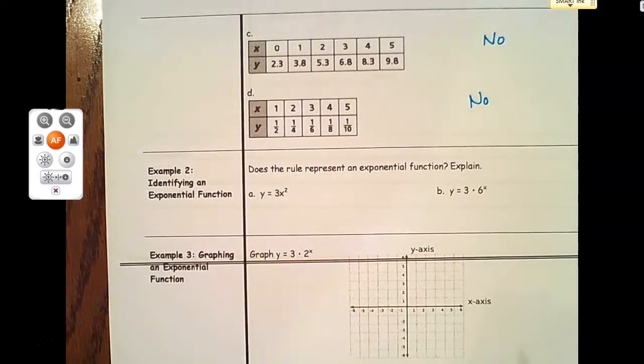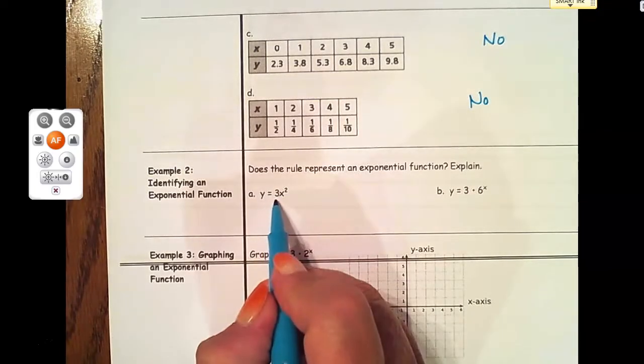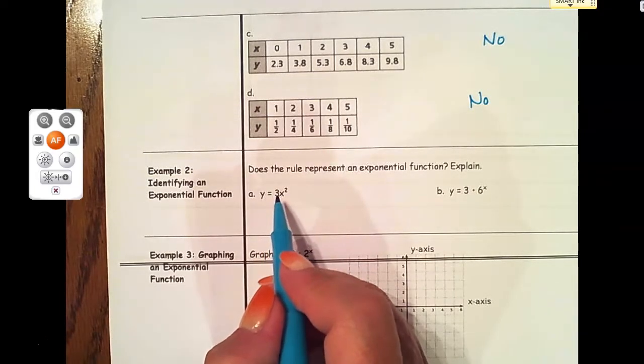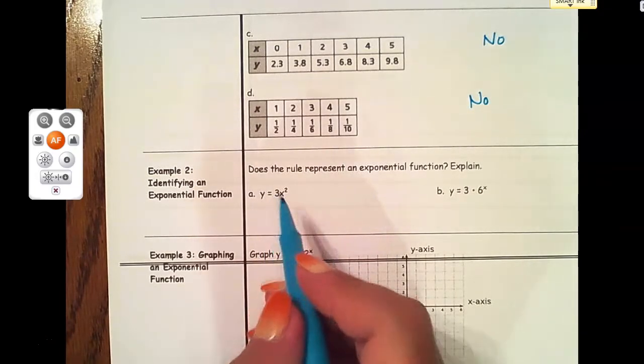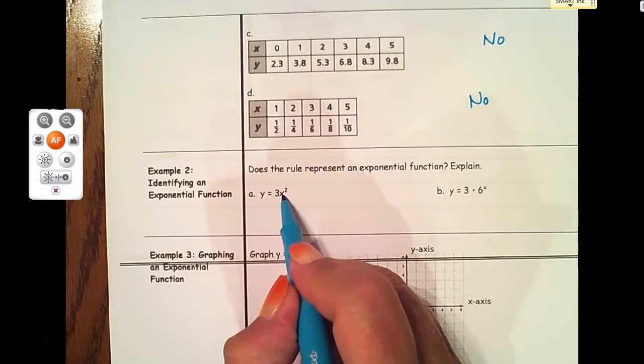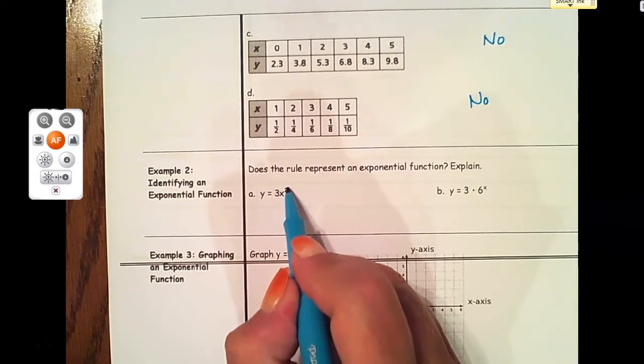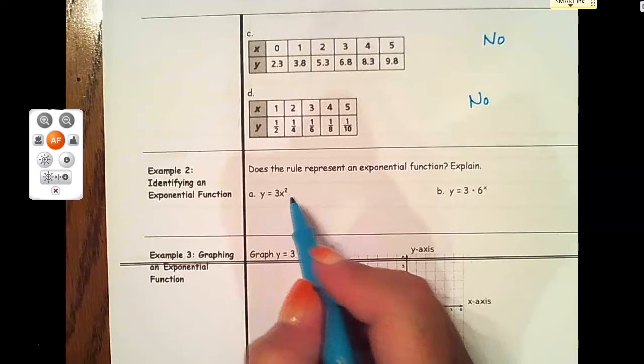Does the rule represent an exponential function? I'm looking at the first one and I see an a value, or a start value. And I'm looking for my exponent to be a variable.